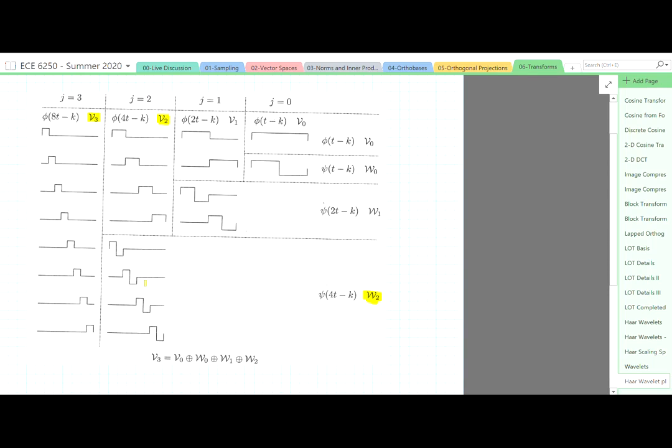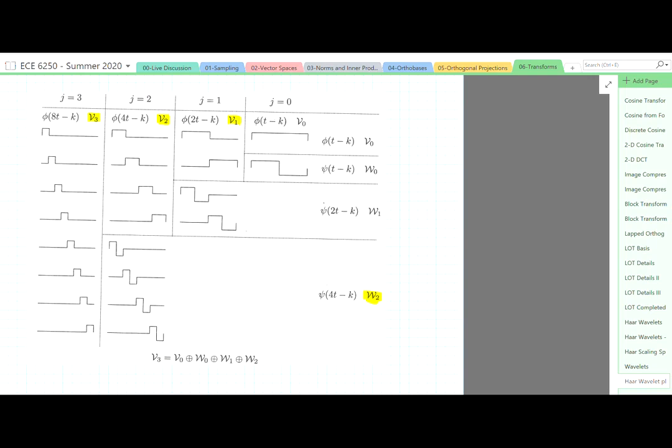Then as we go to a coarser approximation, so we're now going backwards. Remember at first we looked at it going forward from very coarse to increasingly fine. So now we're going to assume that we have our really fine representation, and we're looking at coarser representations.